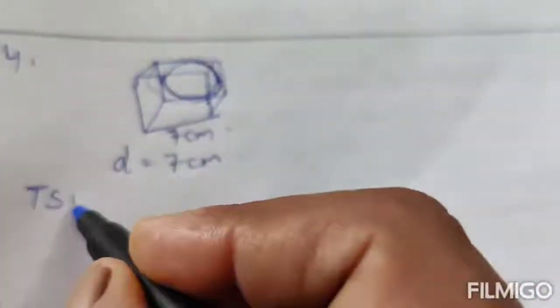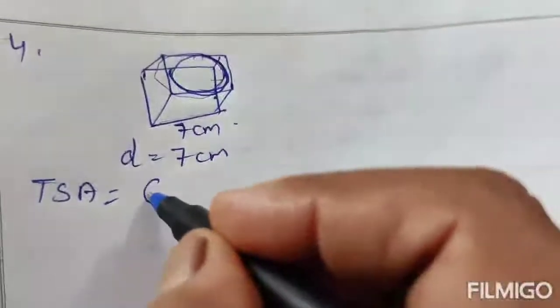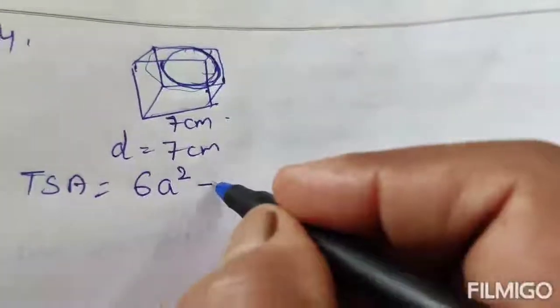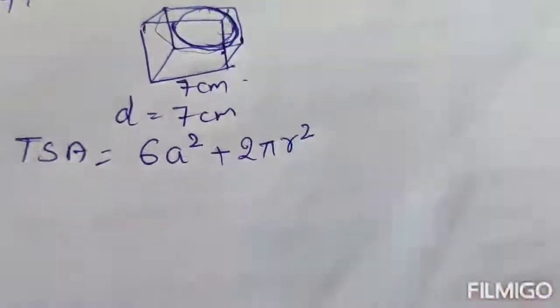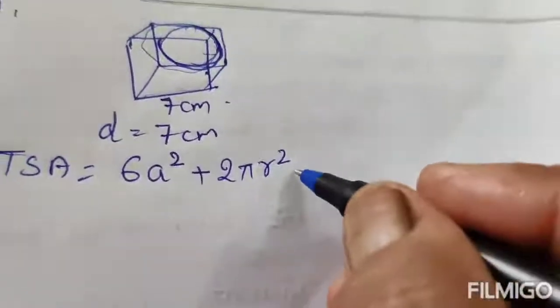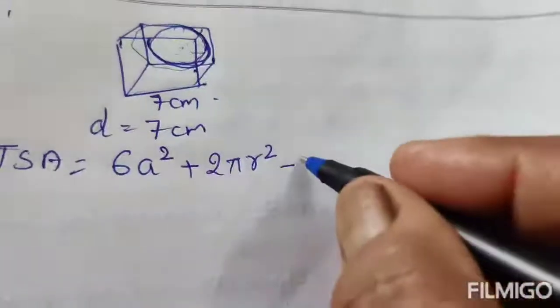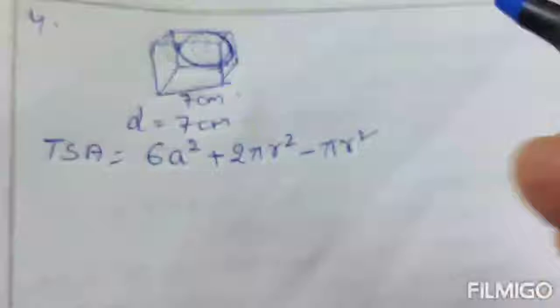The TSA of the solid is the 6 surfaces, so TSA of cube plus CSA of hemisphere minus the common area, which is pi r square, the common area of both the base and the surface.